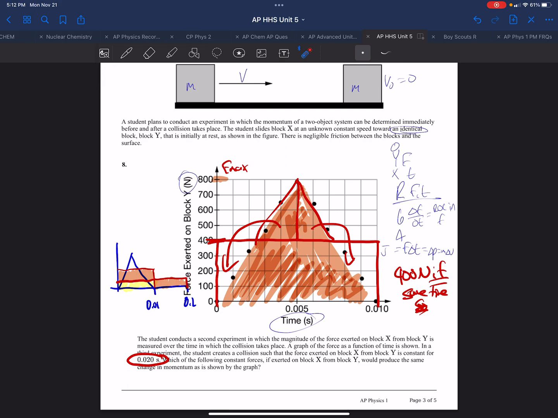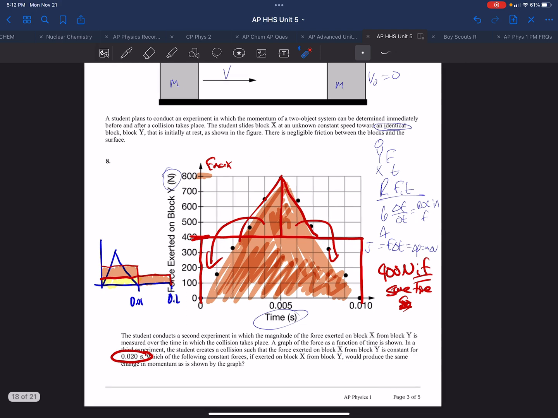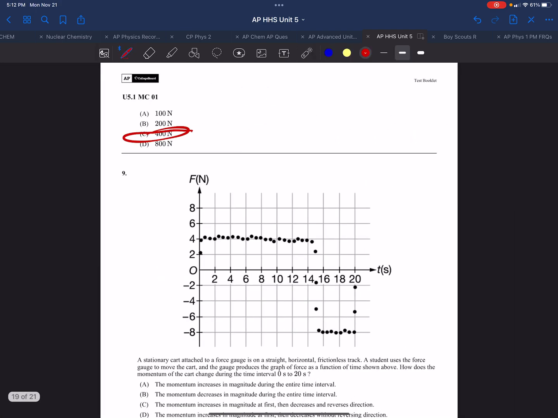So therefore, those areas are equal. So if we're going to be doing it for over 0.02 seconds, it needs to be 200 newtons. 400 newtons if 0.01 seconds, 200 newtons if 0.02 seconds. So the final correct answer is 200 newtons.